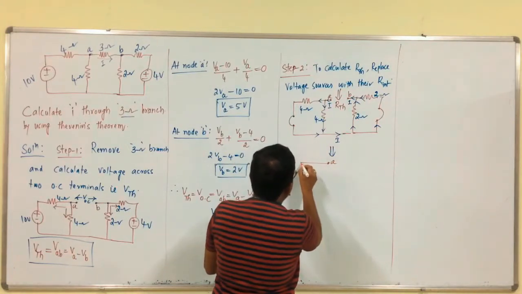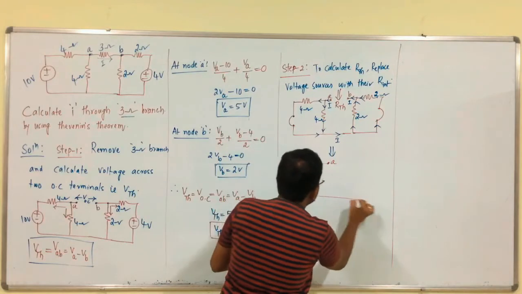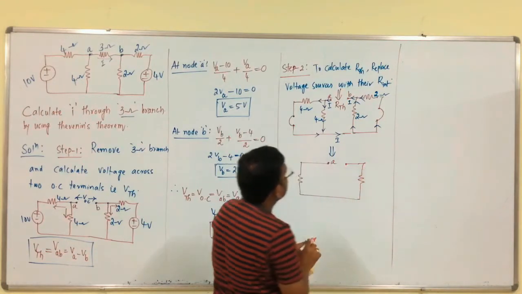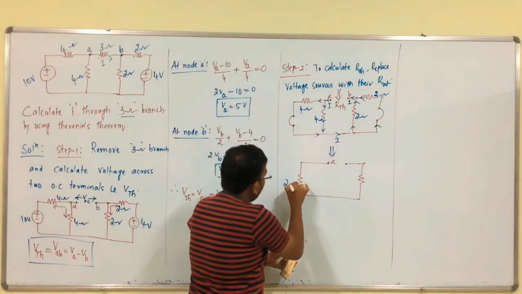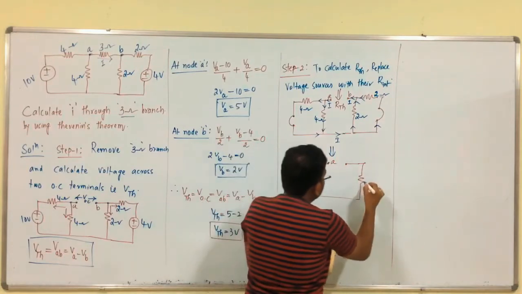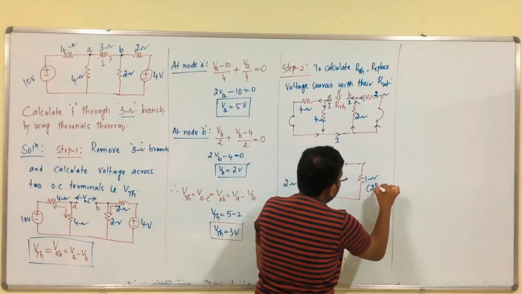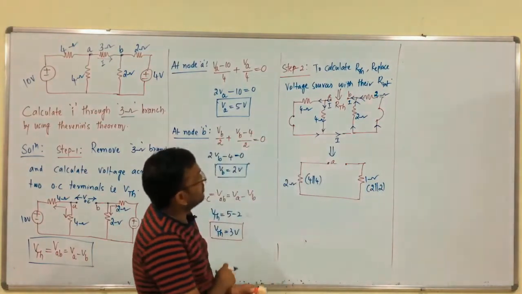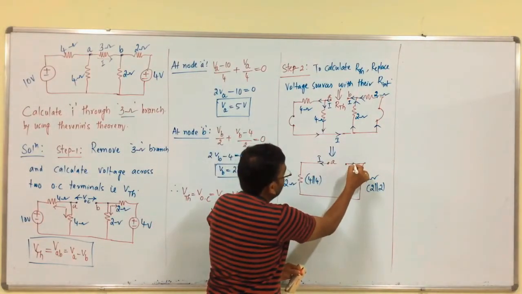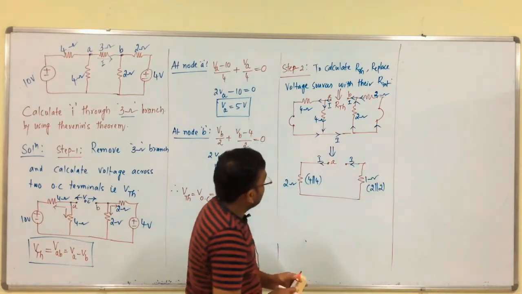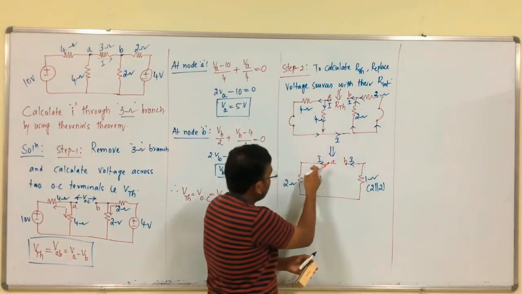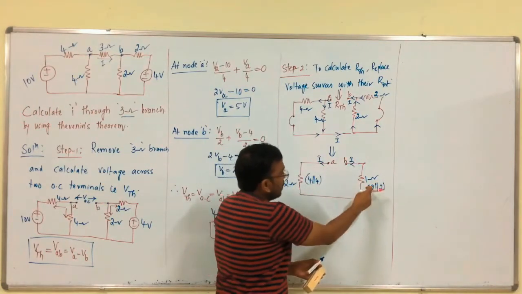This is terminal A and this is terminal B, and we have the equivalent resistances. This is 2 ohm, that is 4 parallel with 4. This is 1 ohm, that is 2 parallel with 2. Clear? The same amount of current I goes through this 2 ohm branch and 1 ohm branch.